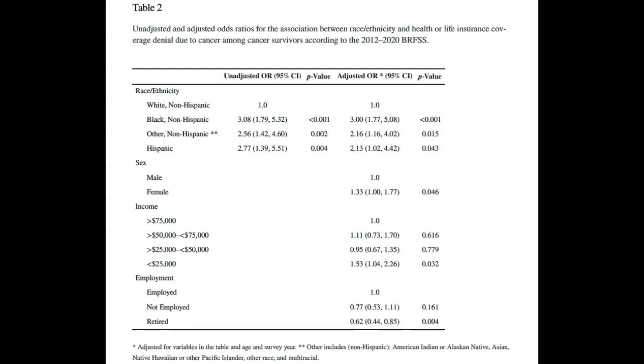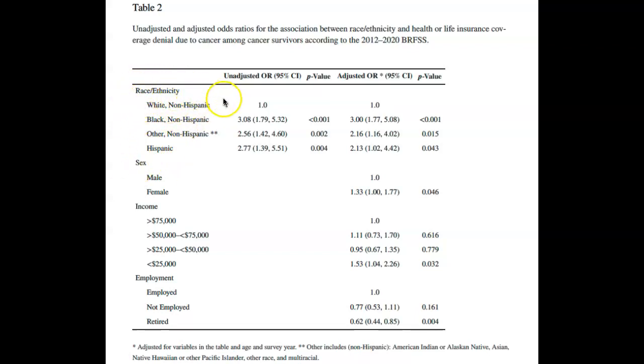In this particular table, we displayed the results of our logistic regression analyses. So we used a logistic regression because our outcome variable was binary, whether someone was denied health or life insurance. That was categorized as yes or no. And in this table, you can see the categories for our independent variable, which is race, ethnicity.